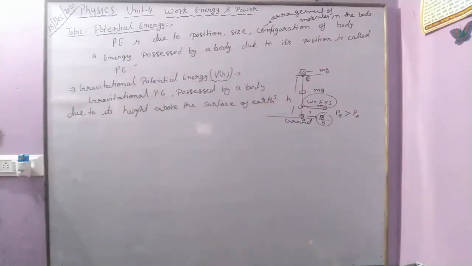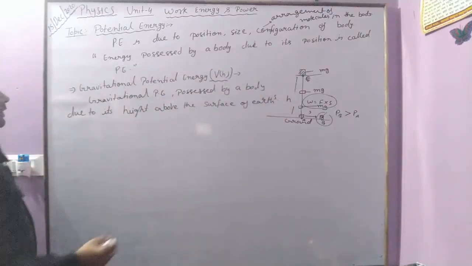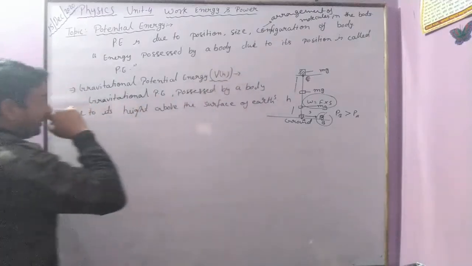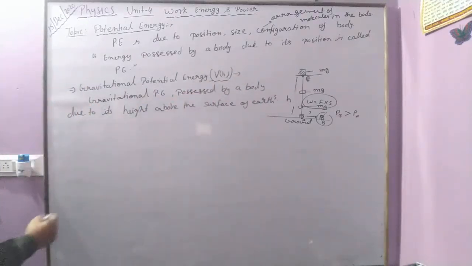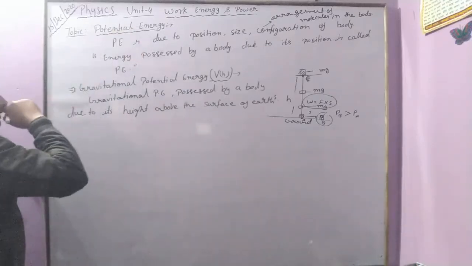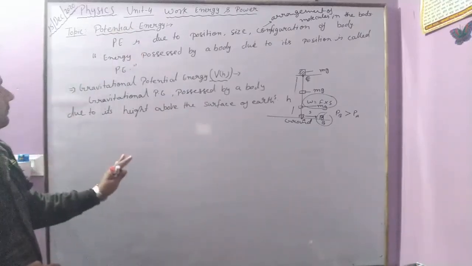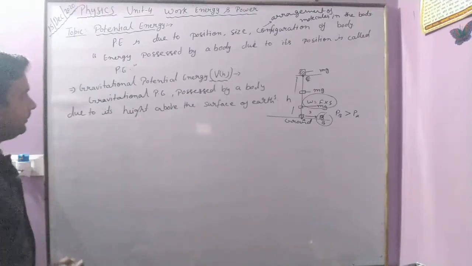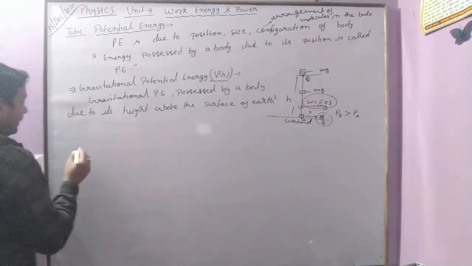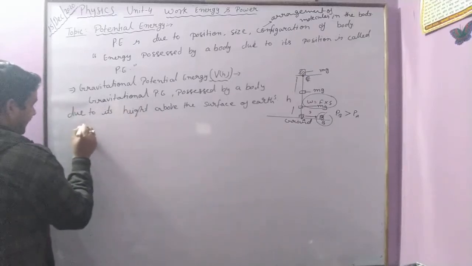This is gravitational potential energy, and as we discussed earlier, it is denoted by Vh. Potential energy has the same unit as energy.